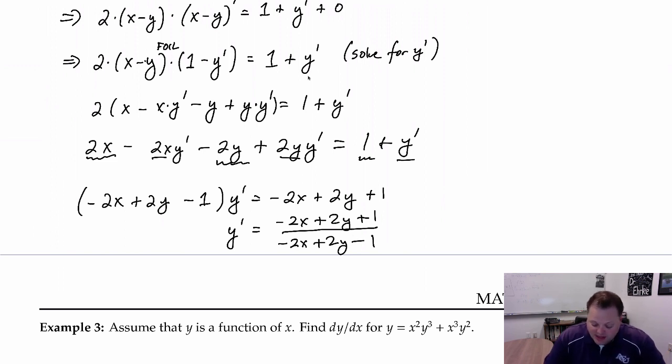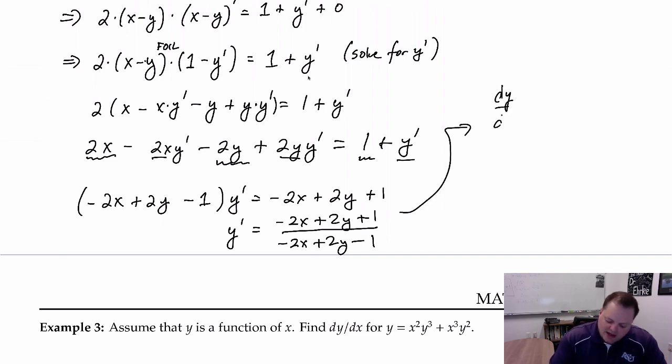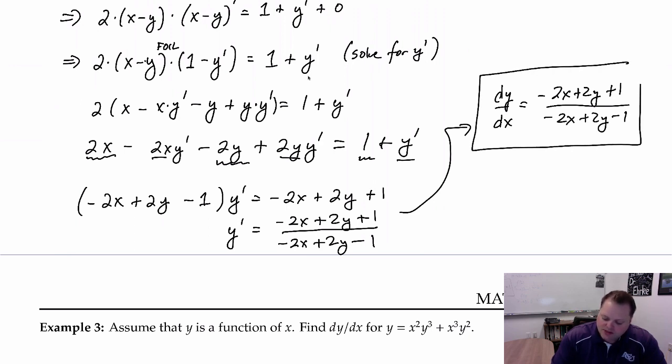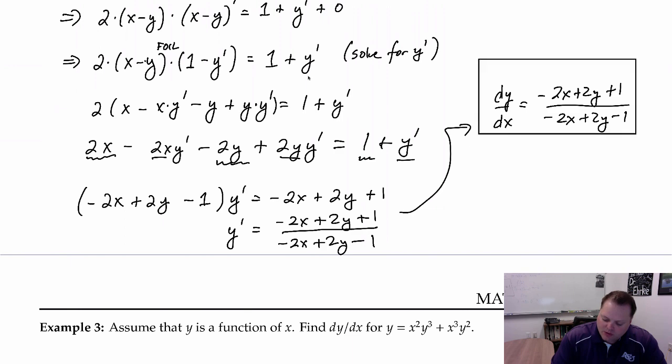And you might be pretty excited there thinking they cancel, but unfortunately they don't. So the best I can do is just leave it as is. dy/dx is negative 2x plus 2y plus 1 over negative 2x plus 2y minus 1. So this is our implicit derivative formula.